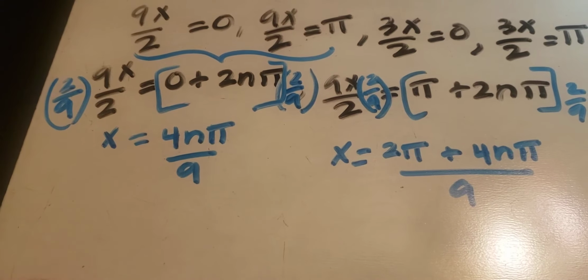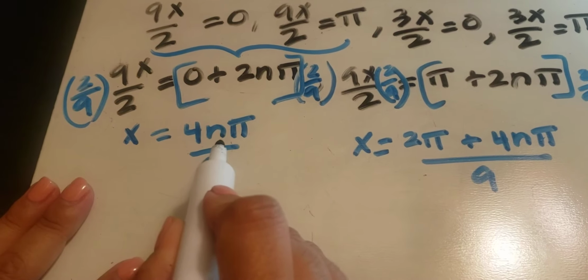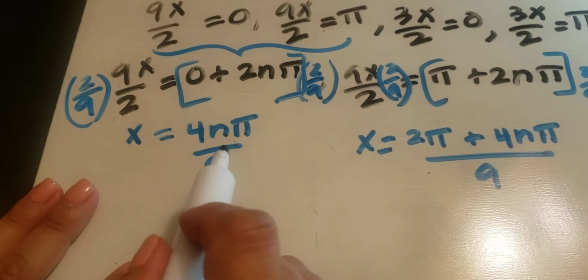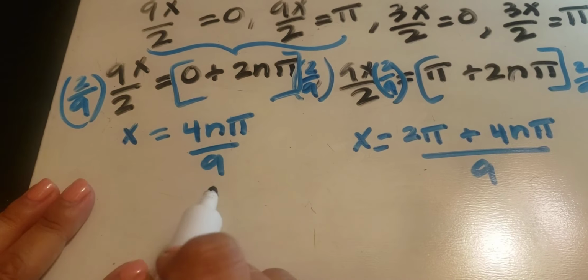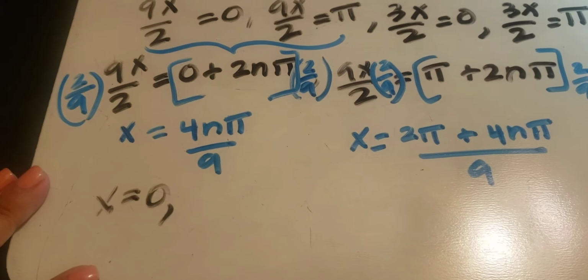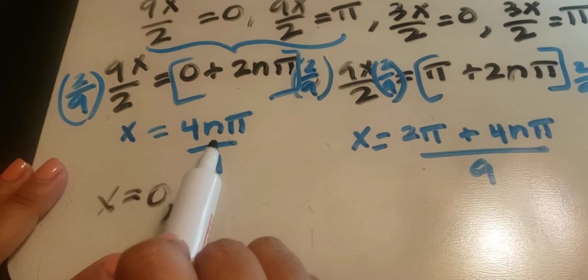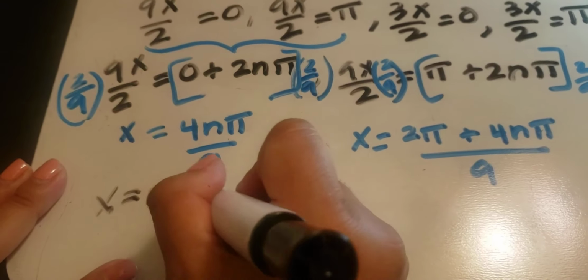So n is going to be an integer, any integer. When n is 0, we're going to have 0 times this over 9, which will just be 0. So 0 would be one solution. When n is 1, we're going to have 4 times pi over 9.